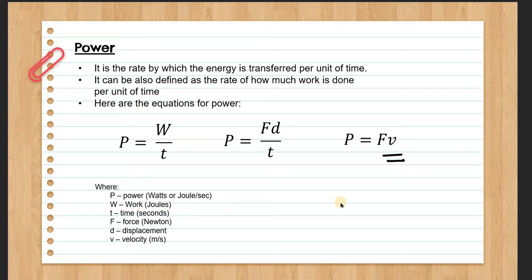So power is measured in watts or joule per second. And then this is the equation. Power is equal to work over time. You can also have here the equation for work is force times displacement, right? So FD over time. And knowing that distance over time is velocity, you can have here power is equal to force times velocity. Ayan yung mga variables.